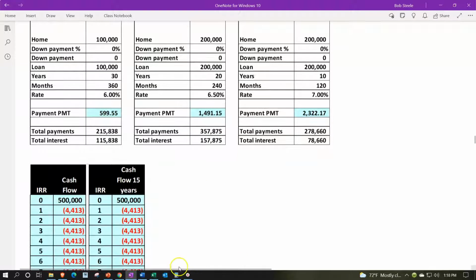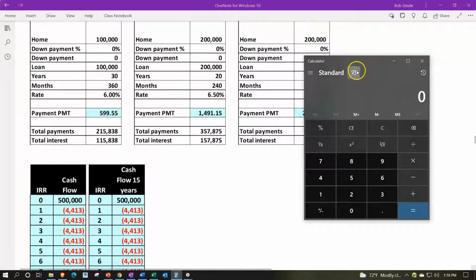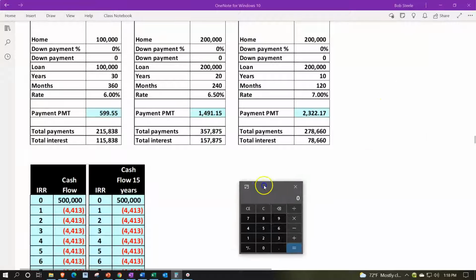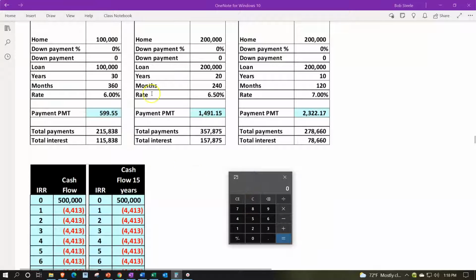So the 3 payments that we had, pulling out the trusty calculator so we can do calculations: $599.55 plus $1,491.15 plus $2,322.17. So we've got outflows for the first portion, until the first loan is gone, of about $4,413.